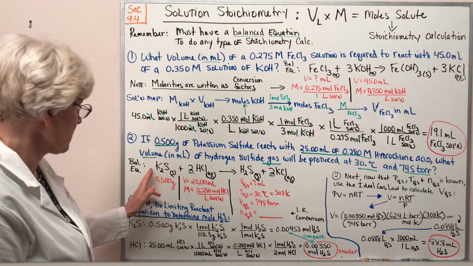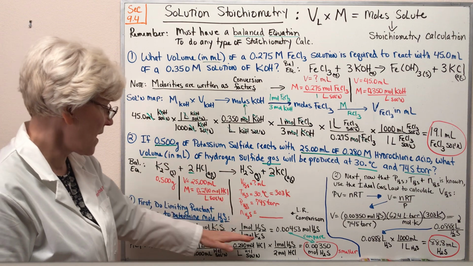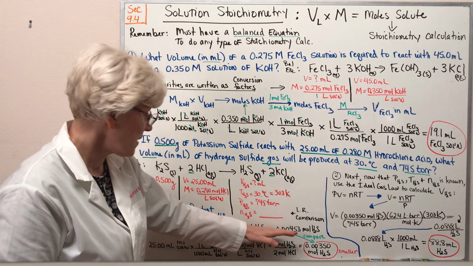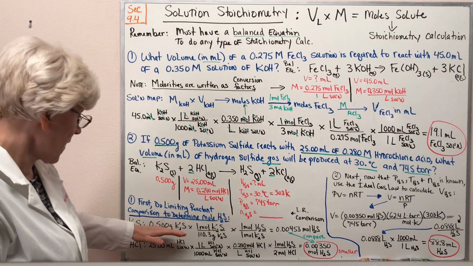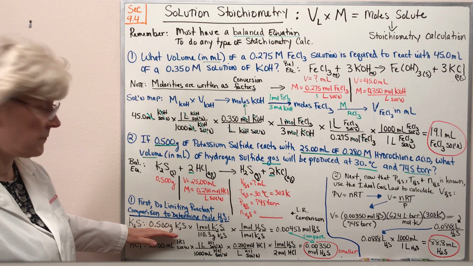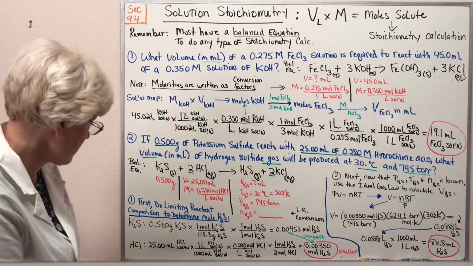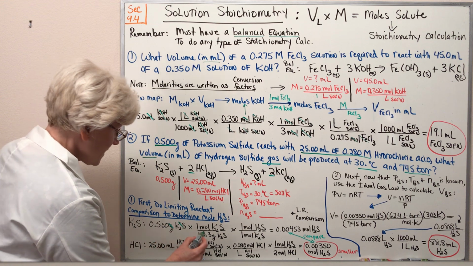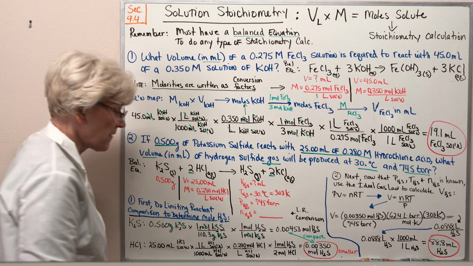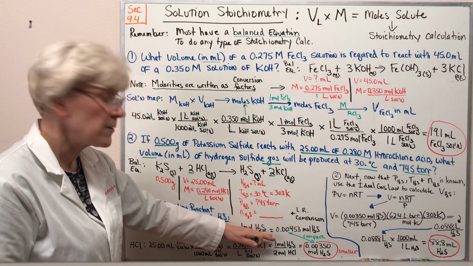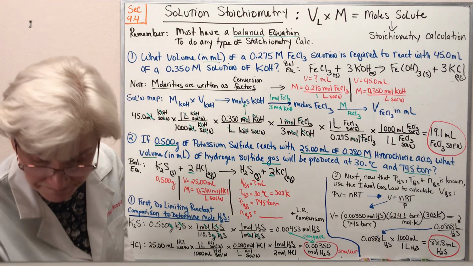We can then use the 1-to-1 mole-to-mole relationship in the problem to find how many moles of hydrogen sulfide gas will be produced from our 0.5 grams of potassium sulfide. Looking at this calculation, our grams of potassium sulfide are canceling, our moles of potassium sulfide are canceling, and we are calculating moles of hydrogen sulfide.